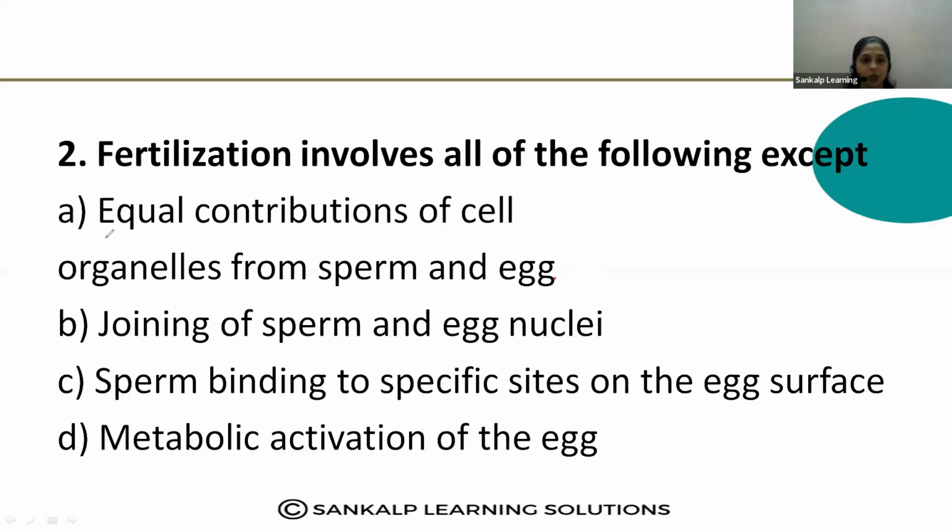Here, read the first option: equal contributions of cell organelles from the sperm and egg. But one thing you should know is that when the sperm reaches the ovum, there is no equal contribution of cell organelles in the zygote, because more cell organelles come from the egg.